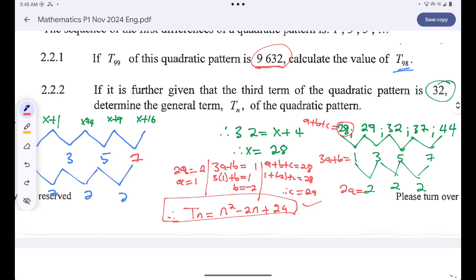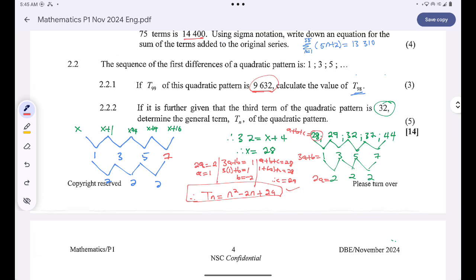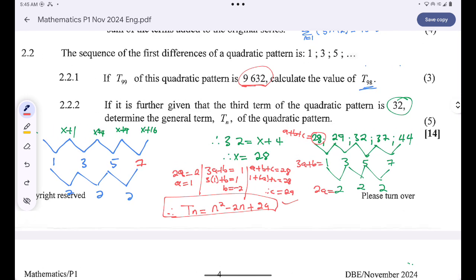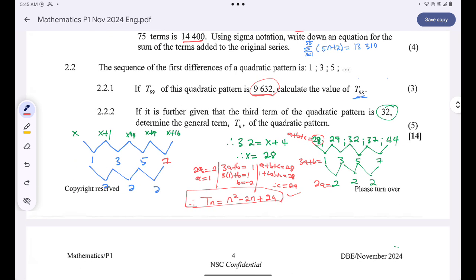Now, I know that there are many ways, guys, to tackle this question, but I prefer doing it like this. Let me take you back. Remember, we were only given the first difference. Are you together? So I have the first difference, and I can also find the second difference.